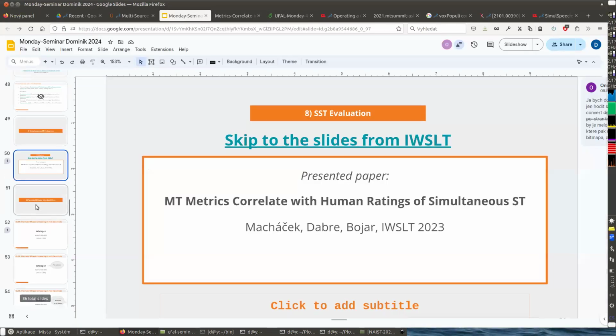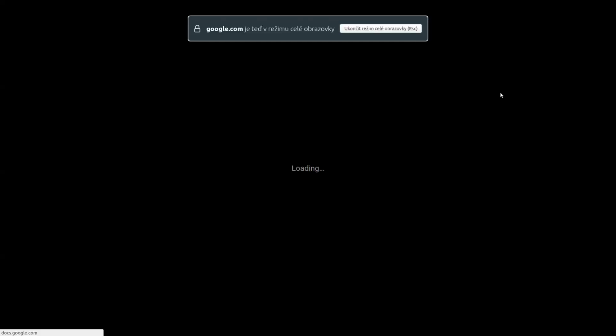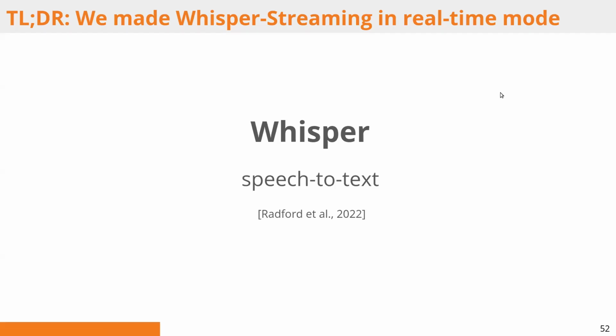And the next topic is turning Whisper into streaming. It's Whisper streaming. In my experiments on multi-sourcing, I used offline ASR systems.